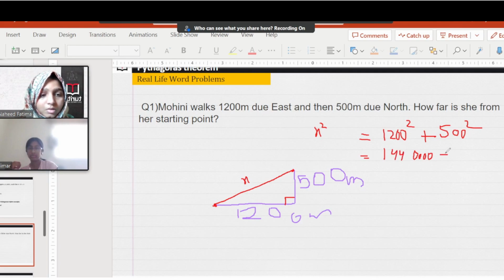Now what is 500 square? Again, four zeros, and 5 square is 25, so 250,000. And what's the addition of those? 1,690,000.